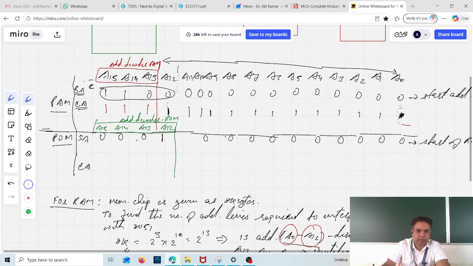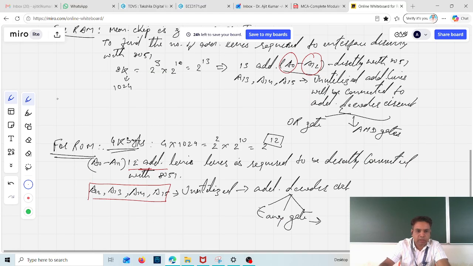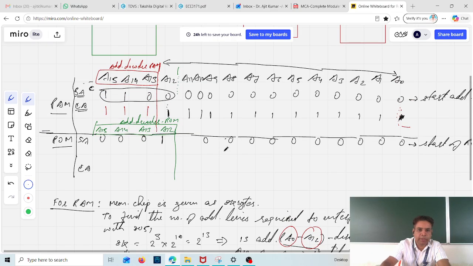Let us see this segregation here. The segregation for the ROM happens between 12 and 11. We know A0 to A11 will be directly connected, and A12 to A15 will be connected to the address decoder. So it is between 11 and 12.